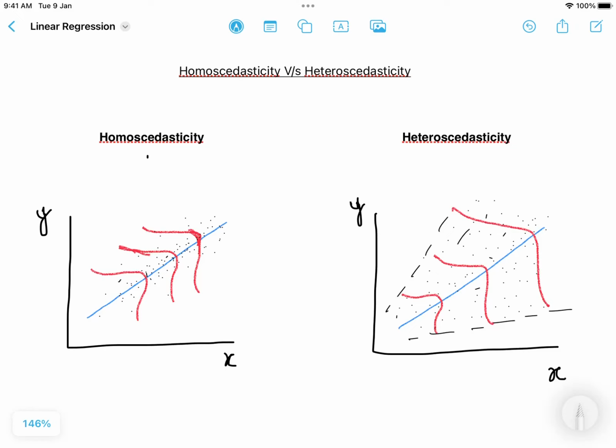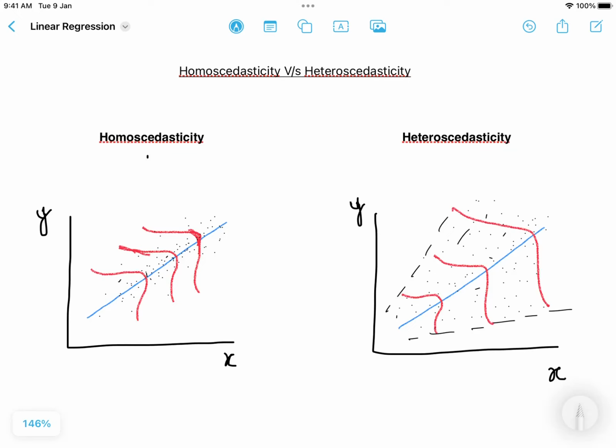In case of homoscedasticity, we have read that the variance of the residual is constant across all the levels of x. Across all the levels of x, we can see this distribution of all the observations, and it is not following any pattern.